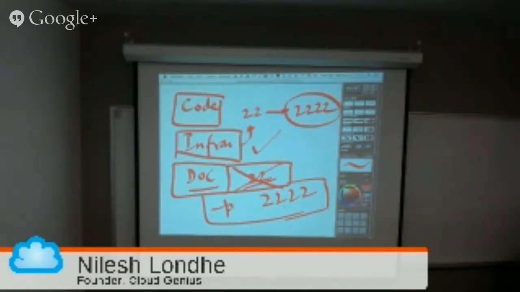And when you roll back, this goes away, comes back to 22, infrastructure changes itself, documentation also updates, and nobody gets confused as to what was the state. So you're putting the whole thing consistently in one common location so that people can understand what's going on, and you get the flexibility of rolling back and going forward as you find appropriate.